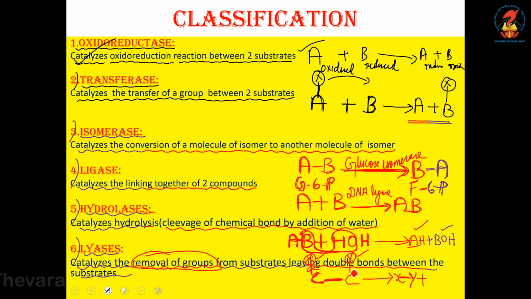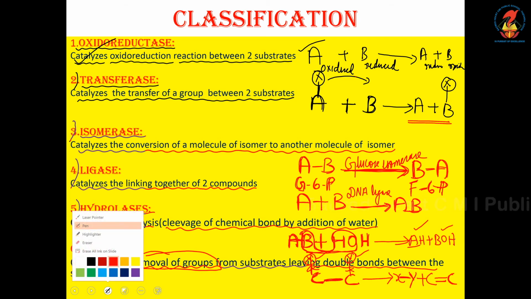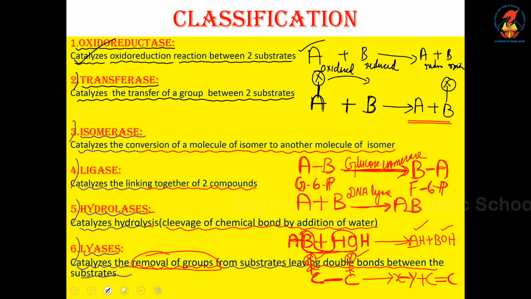Now, when this bond is broken and when this bond is broken, what happens is a double bond remains. It's left a double bond between the two C's. Clear? So, once again to explain lyases, it's well explained with the carbon compounds. We have two carbon atoms attached by a single bond and the other with functional groups X and Y. What happens is the two functional groups are removed.